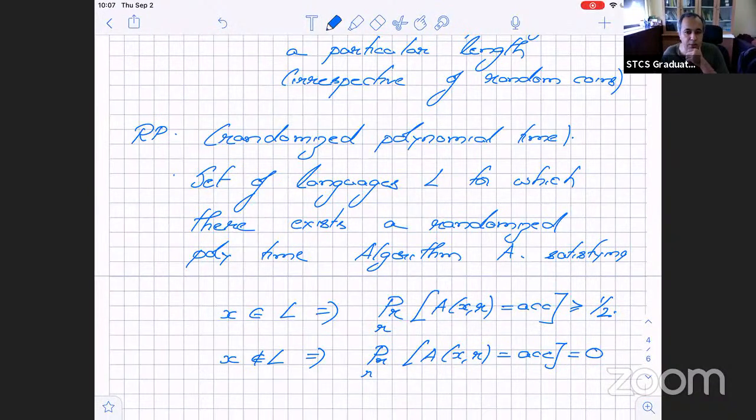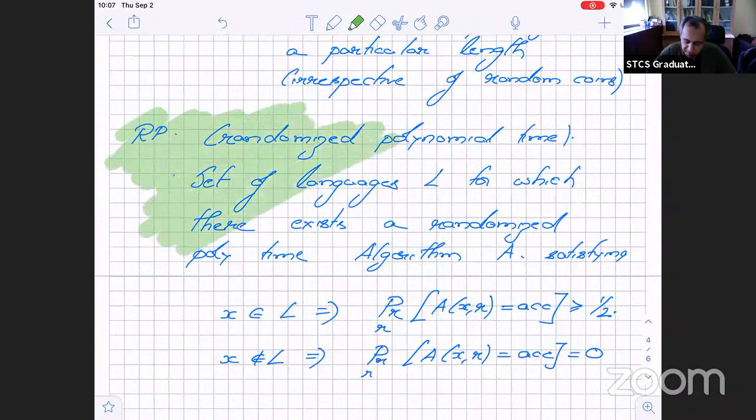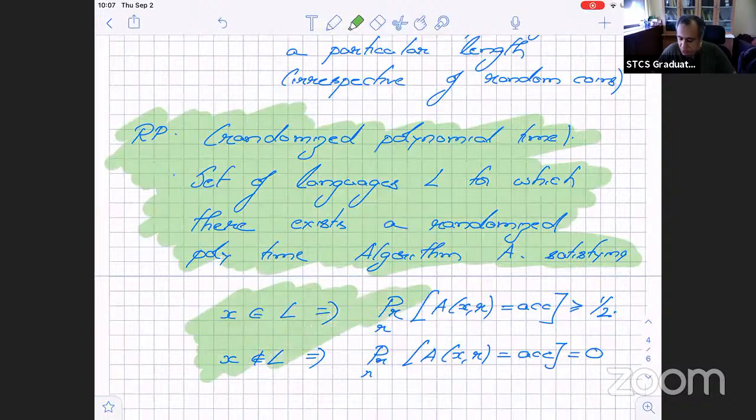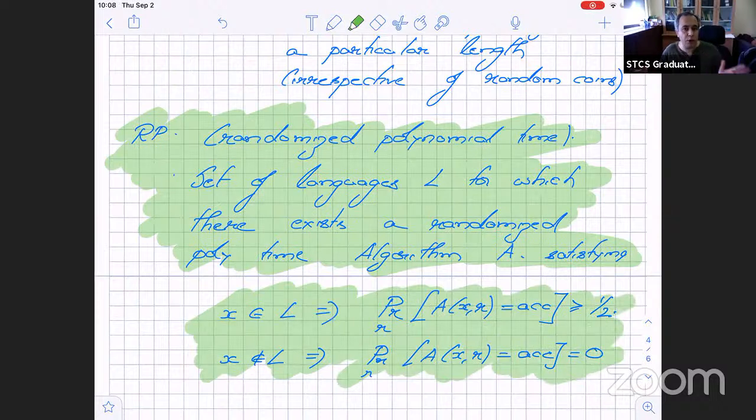Is the definition clear? So RP is, in some sense, randomized polynomial time algorithms which have one-sided error. The error is only in the yes instances. The error is never in the no instances. So when the algorithm accepts, you certainly know that the input is in the language. It can never accept a no input.